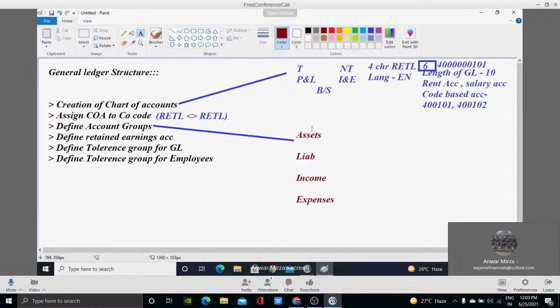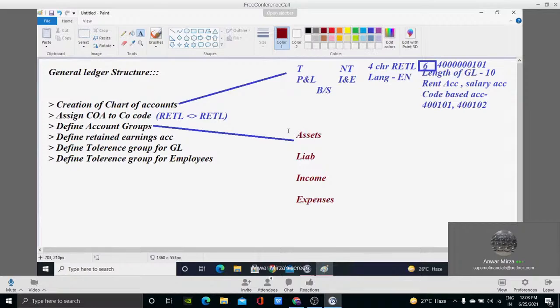Now, how to decide the coding for your ledgers? In the configuration of the chart of accounts, you can decide the length of the code you are about to create for the series. So here you have some series. Here for expenses I have taken a series starting from 4. You can decide what the series will be for assets.